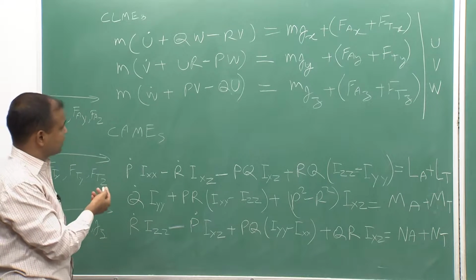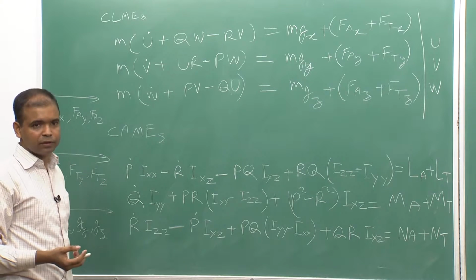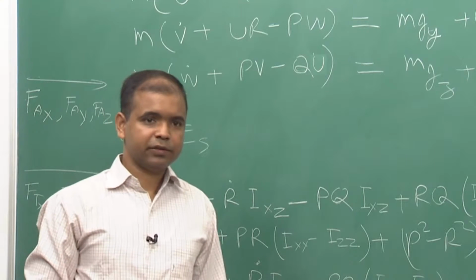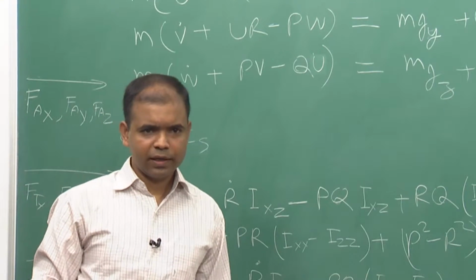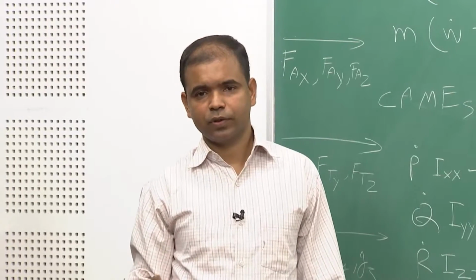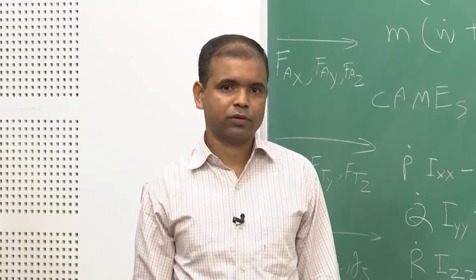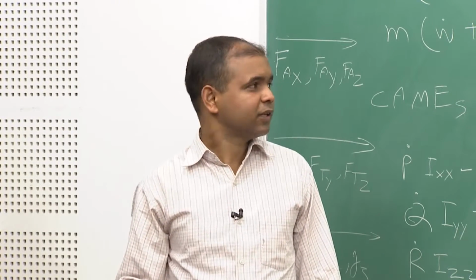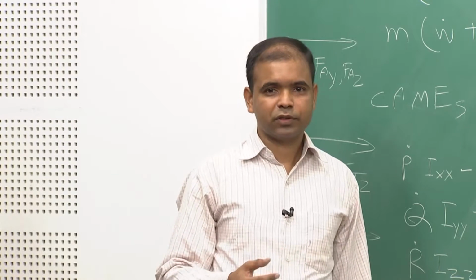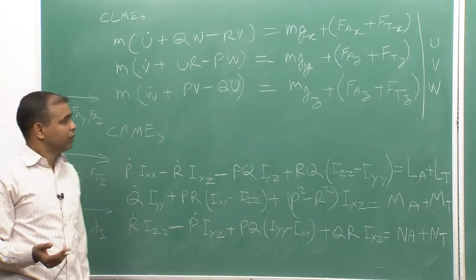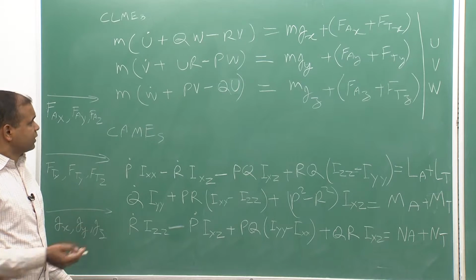You can solve this set of equations using any numerical method. There are a lot of tools. You can find some solver in MATLAB also, or I personally like to solve these kinds of equations with the help of Runge-Kutta methods, because these equations are coupled.